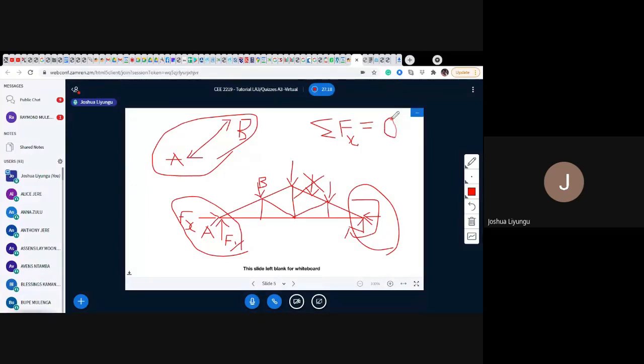Method of joints, there are only two equations that you need to apply.